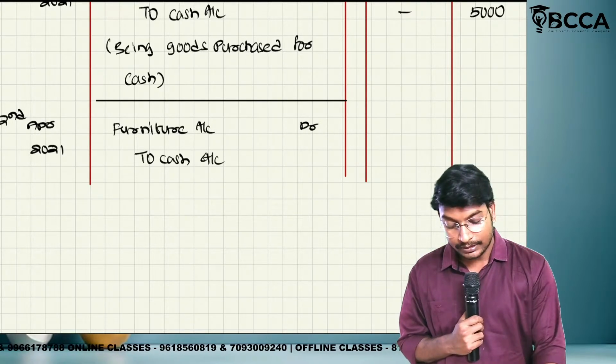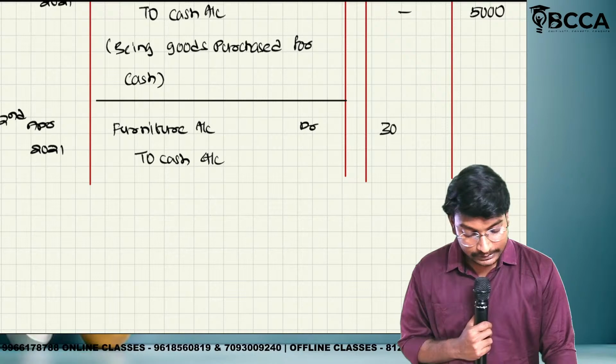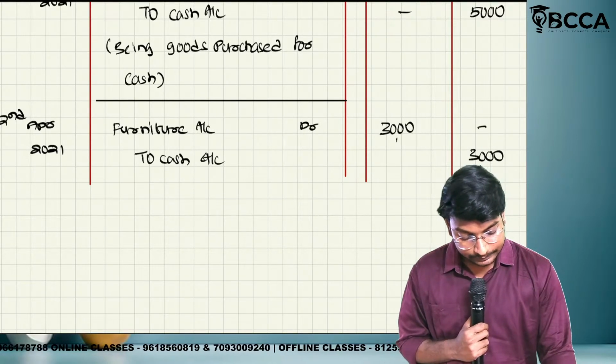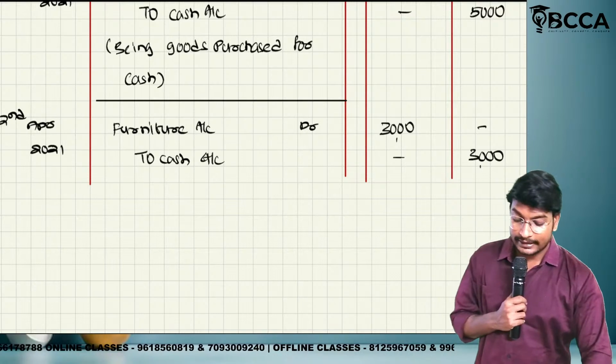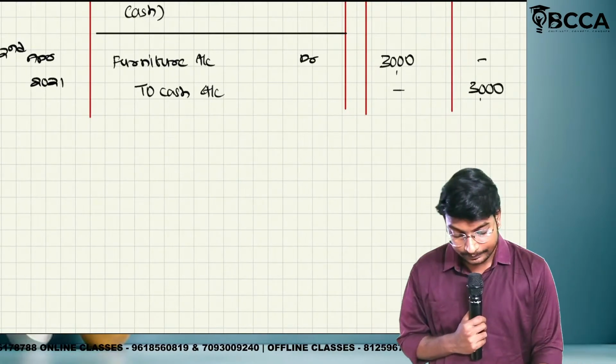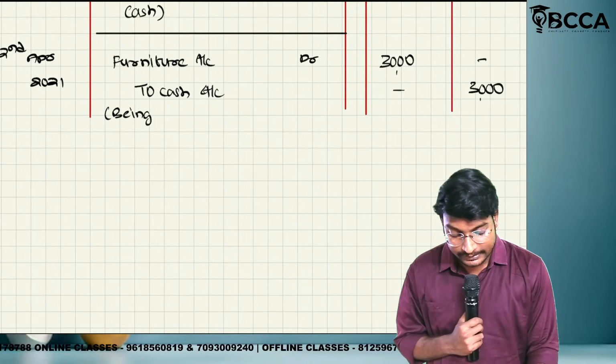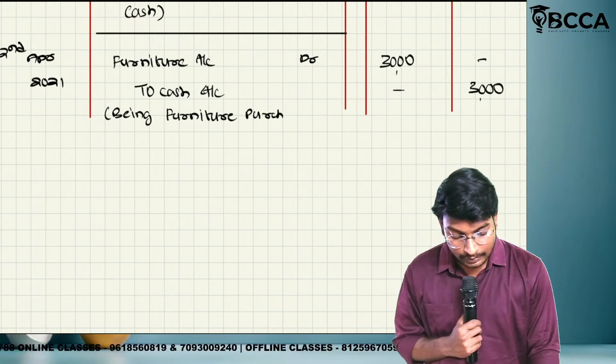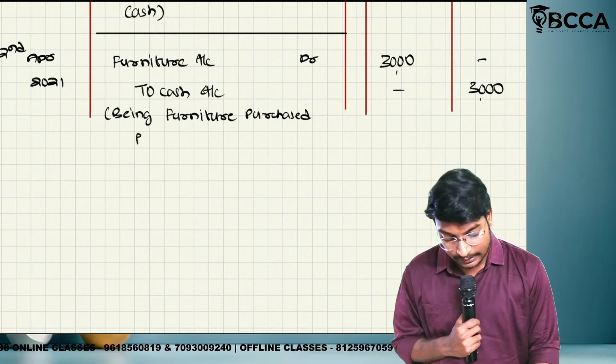What is the amount, ma? 3,000. What is the narration we need to write? Being furniture purchased for cash.